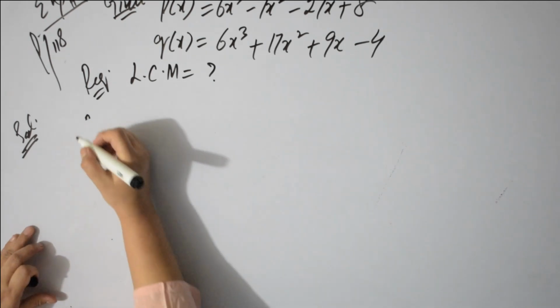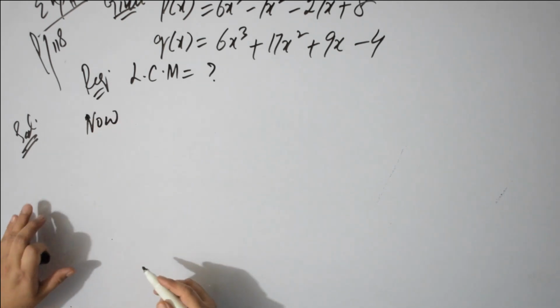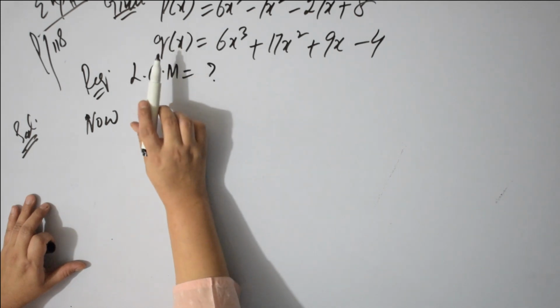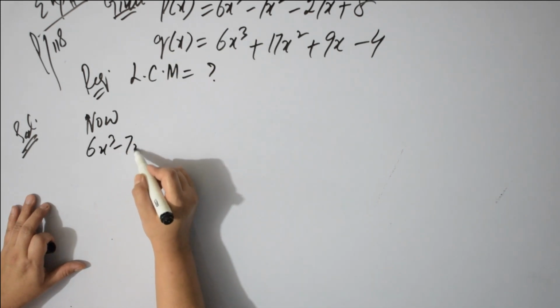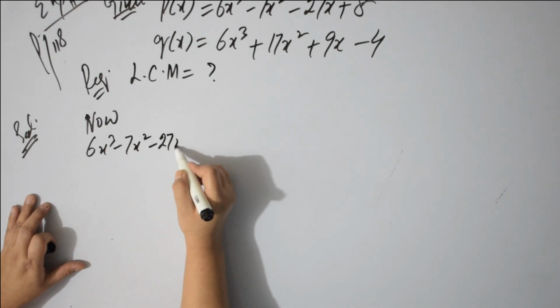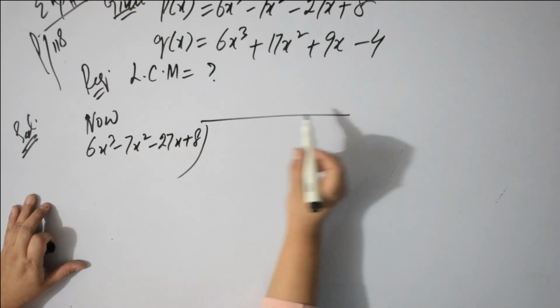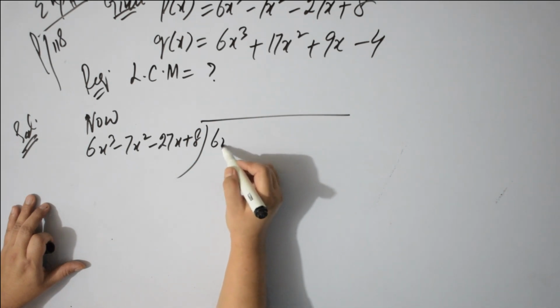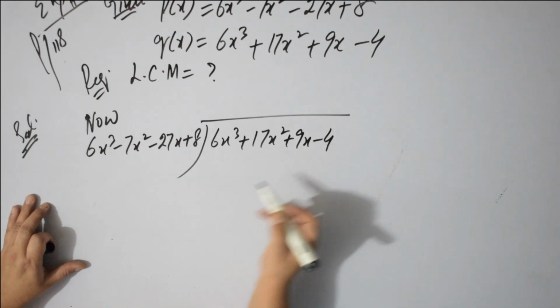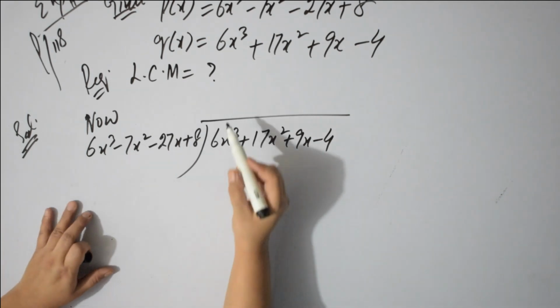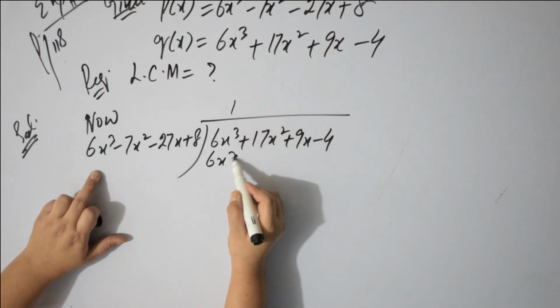Now HCF. What did I tell you? I am taking this as the divisor and I am writing this as the dividend. So simple division, 6x cube.